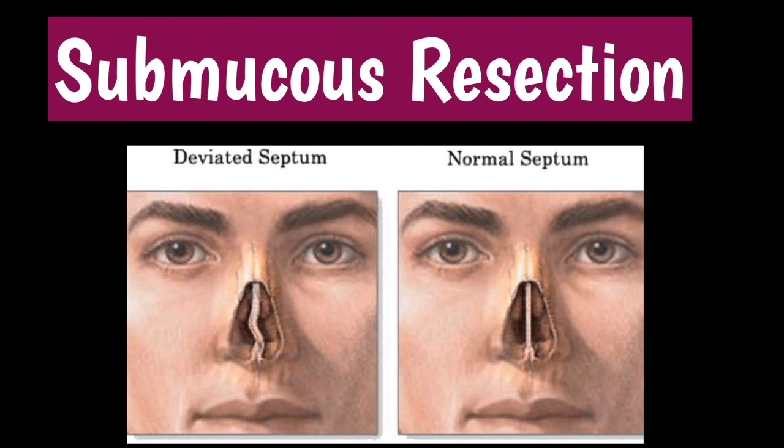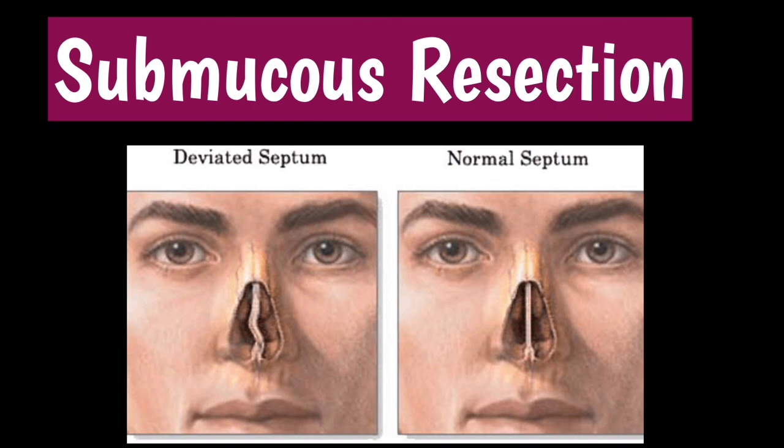While SMR is done in adults after 17 years of age under local anesthesia, and it consists of elevating the mucoperichondrial and mucoperiosteal flaps on both sides of the septal framework by a single incision made on one side of the septum, removing the deflected parts of the bony and cartilaginous septum and then repositioning the flaps.